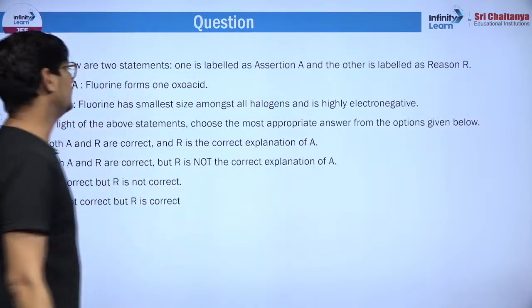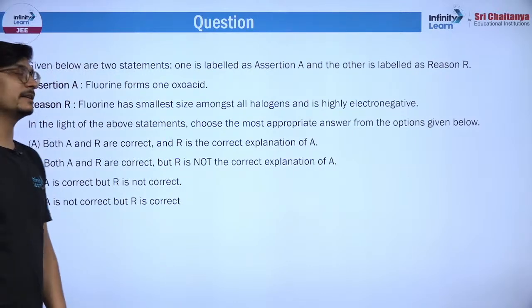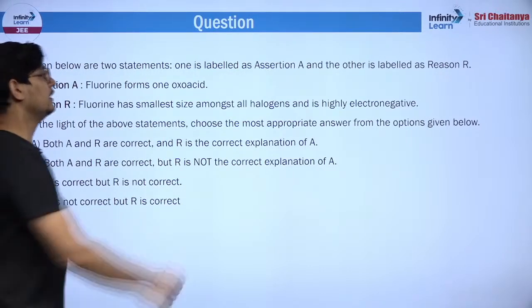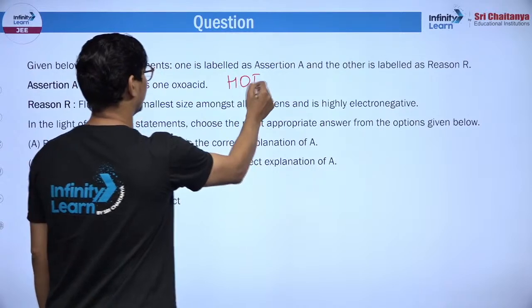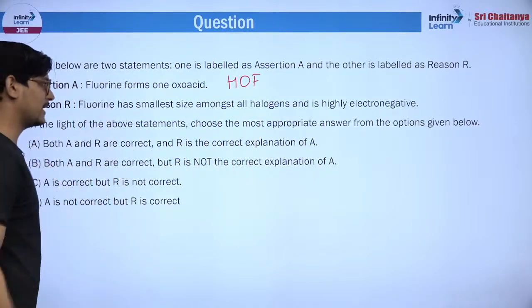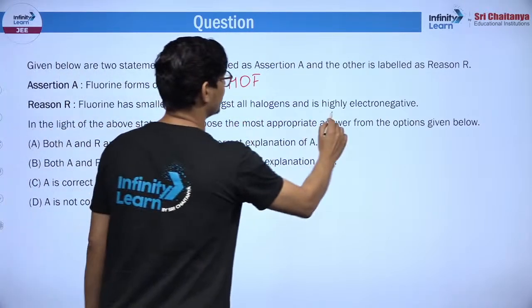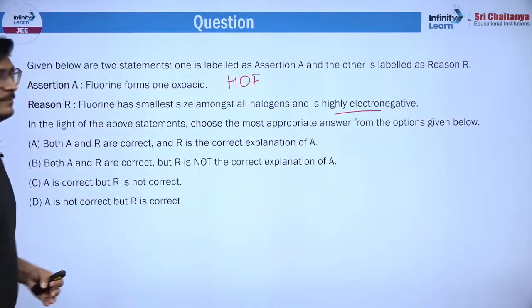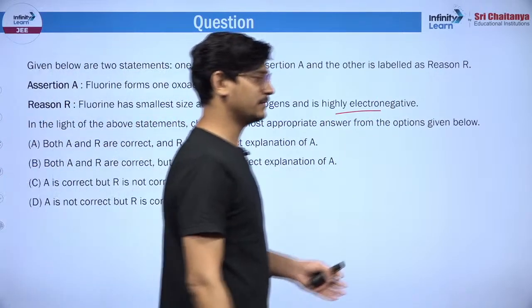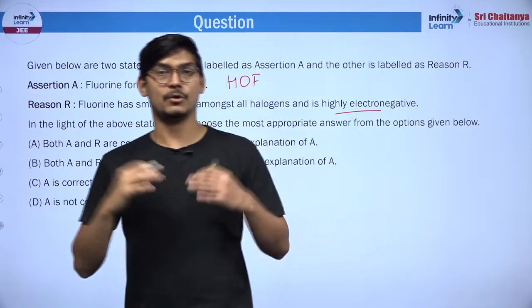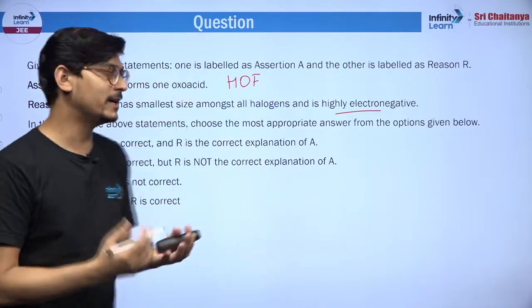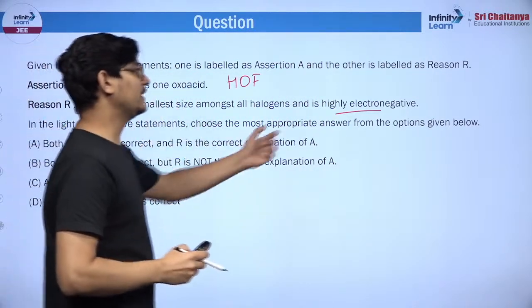देन टू स्टेटमेंट्स, वन इज लेबल्ड एज assertion A and reason R. Fluorine forms only one oxo acid. Yes, it forms only one oxo acid, HOF. Because fluorine has the smallest size amongst all halogens and is highly electronegative. Yes. See, unlike other halogen atoms, fluorine is very small. It cannot accommodate a large number of boundary atoms. Moreover, fluorine is highly electronegative.